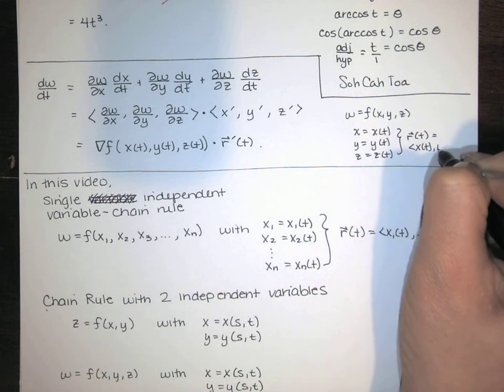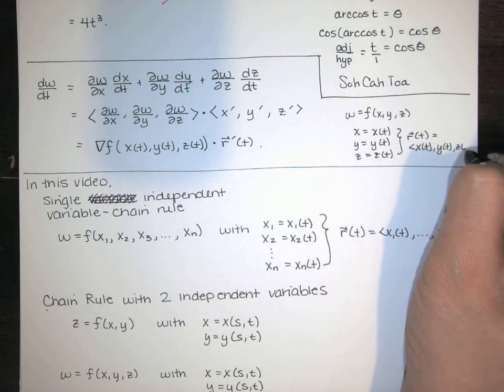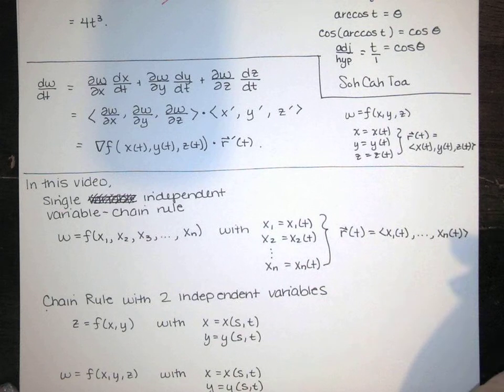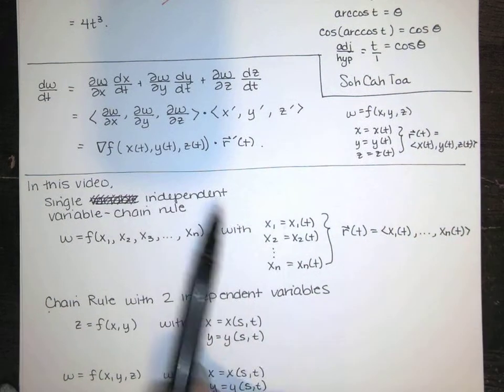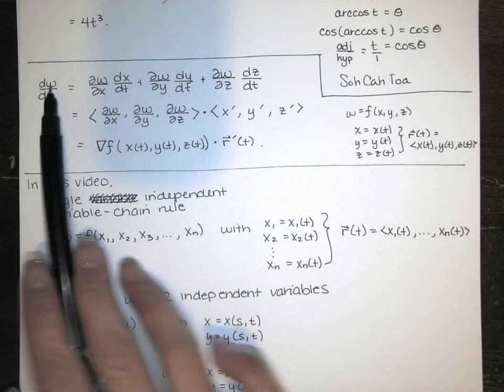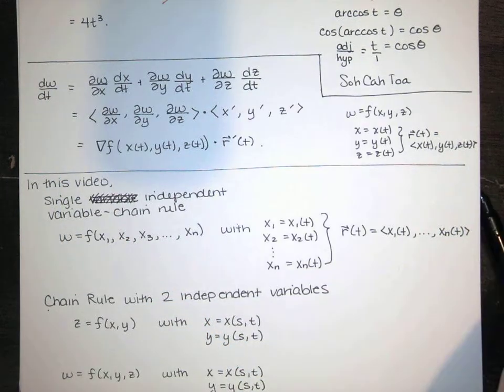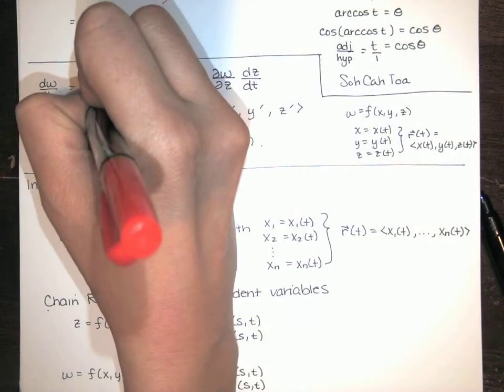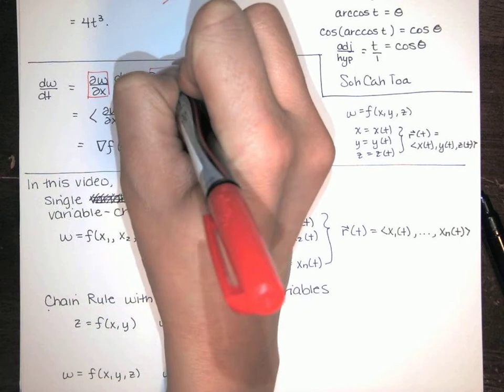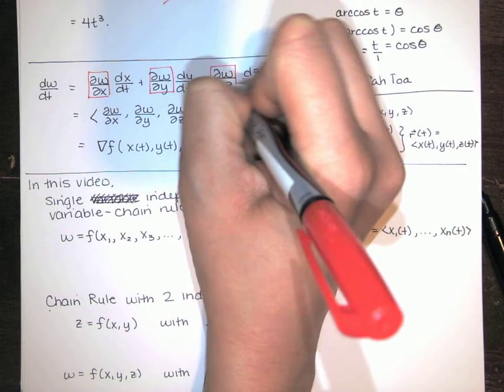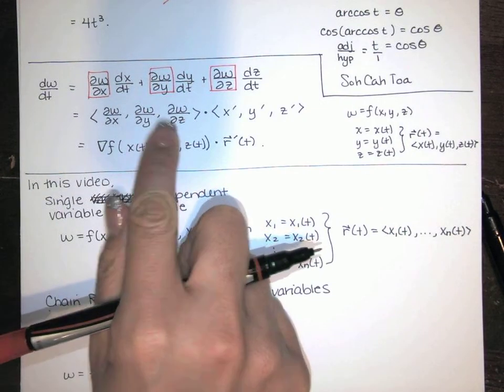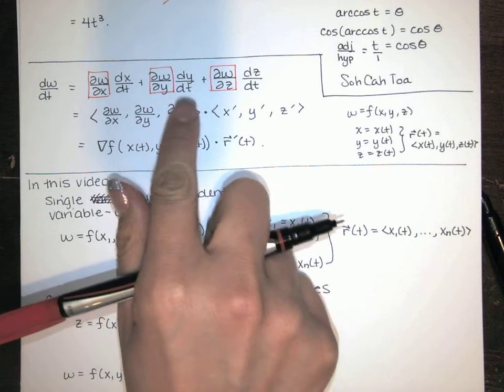So maybe this is the position of some object in three-dimensional space as a function of time. Well, if I want the change in this function with respect to time, I take the gradient of w, or the gradient of f, same thing. So it's the vector of first partials of w, and I dot that with x prime, y prime, z prime.